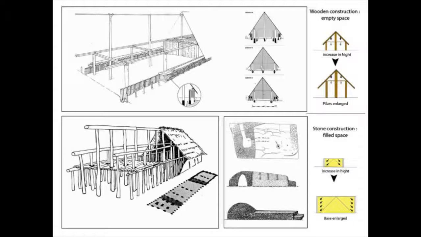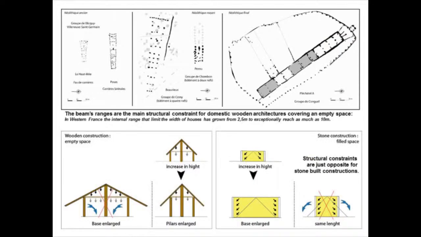I don't know how to call that in English, I'm sorry. The width of the wooden elements. For stone construction, which is a filled space, the constraint is just reversed. When you increase the height, you should normally enlarge the base. The beams range, that's the word I was looking for.